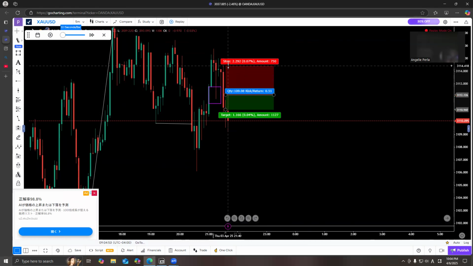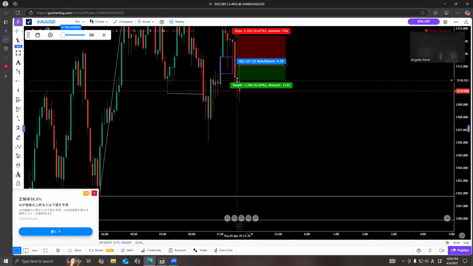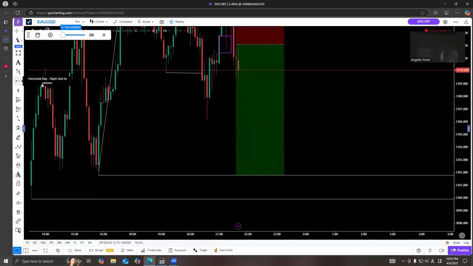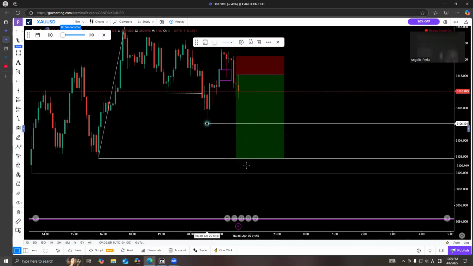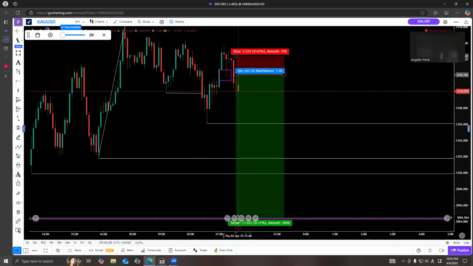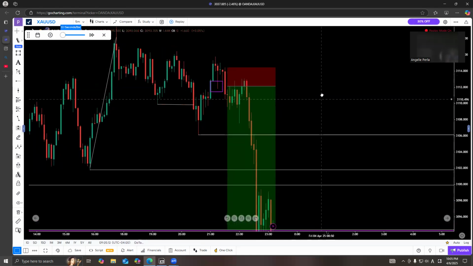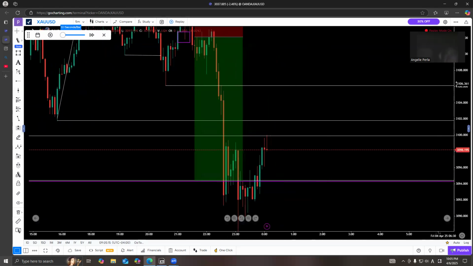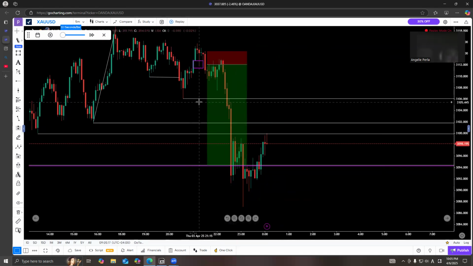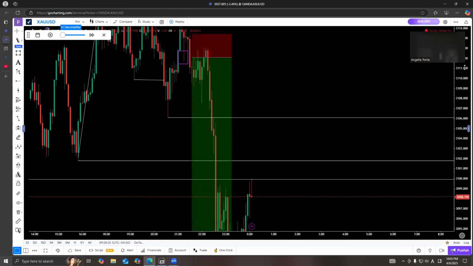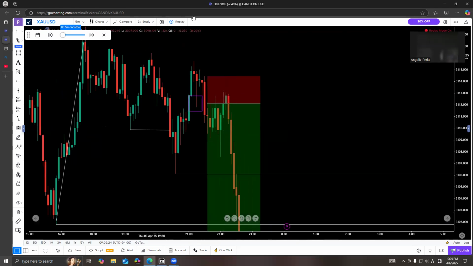On this opportunity, the stop loss is above this, and then we target these liquidities all the way back to this equilibrium. All right. So as you can see right here, we take all our profits because we have a clear bias on these areas.